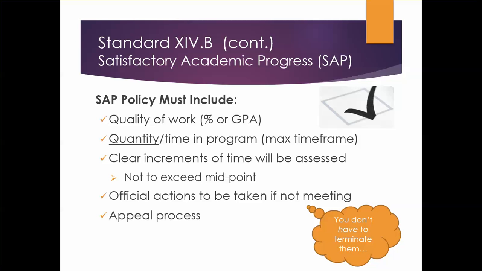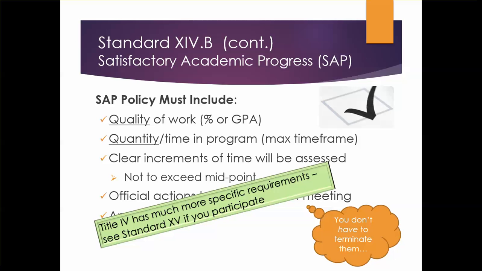Maybe they go on probation, there's a written warning. You can determine that. We do recommend that if this is new to you, you take a look at what some other accredited programs or schools have for an SAP policy. But again, it can fit your mission and philosophy. The exception, of course, is if you accept Title IV federal monies, then Title IV has its own requirements, and those will be covered in the next module.